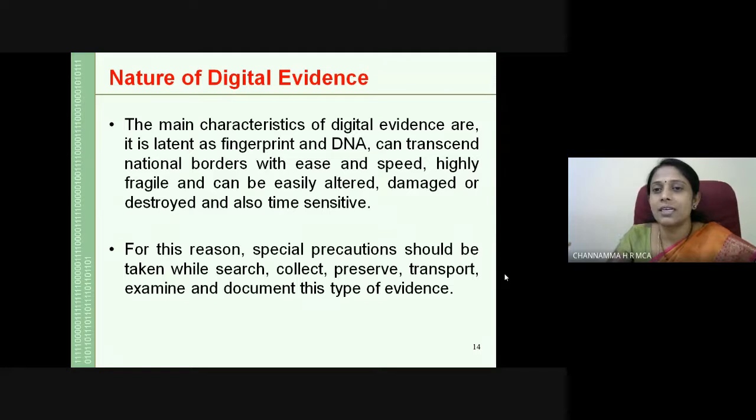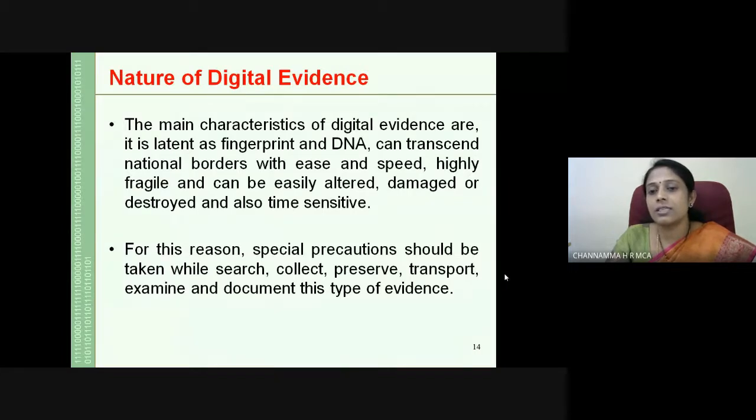This is why cyber crime investigation is difficult. For this reason, special precaution should be taken while searching, collecting, preserving, and transporting digital evidence from one place to another, and while examining the document.